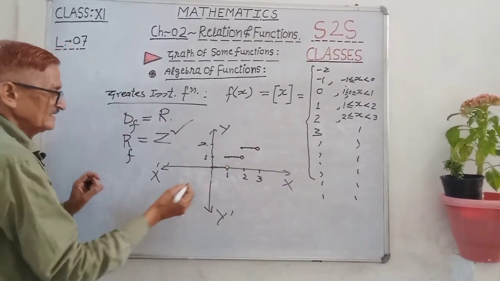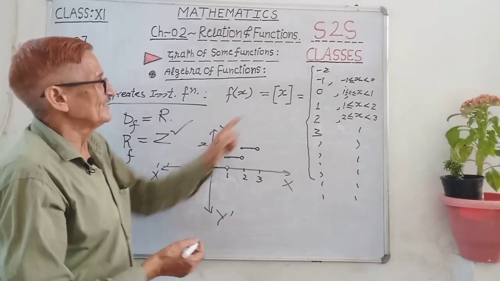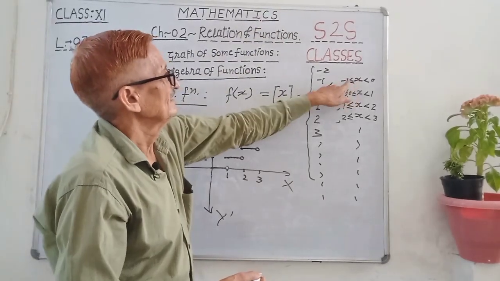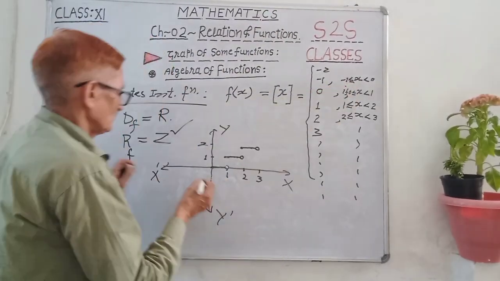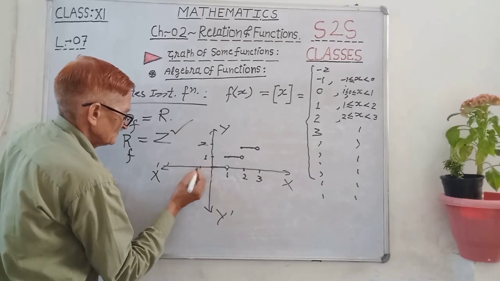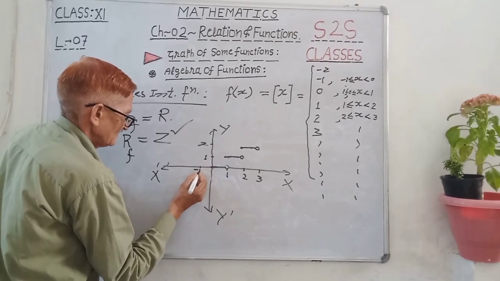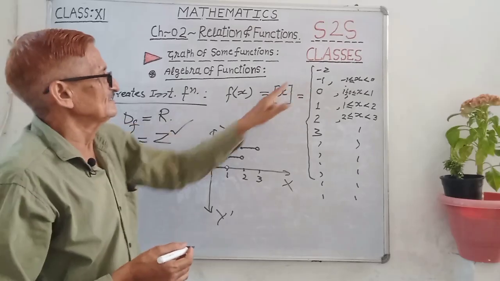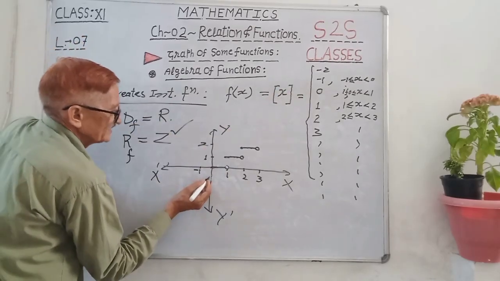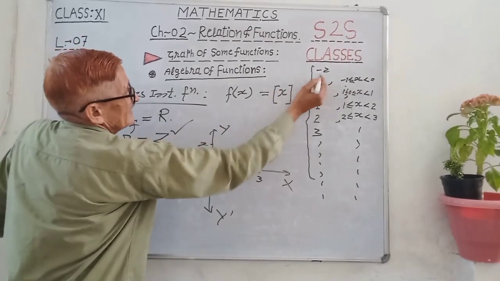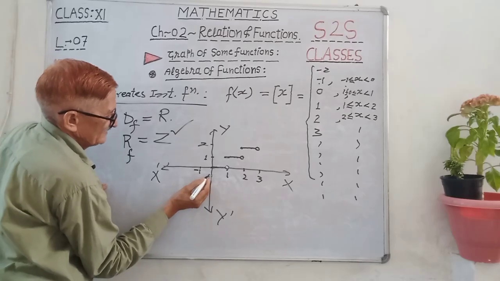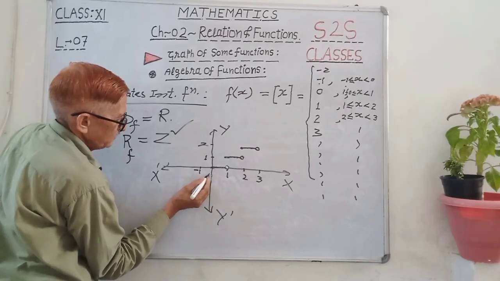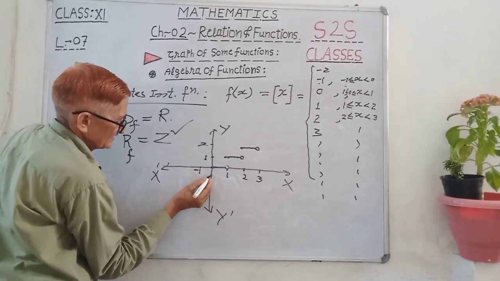After that, on the negative side, you see, if x is between minus 1 and 0, then y is minus 1. Understand? Y is minus 1 here.